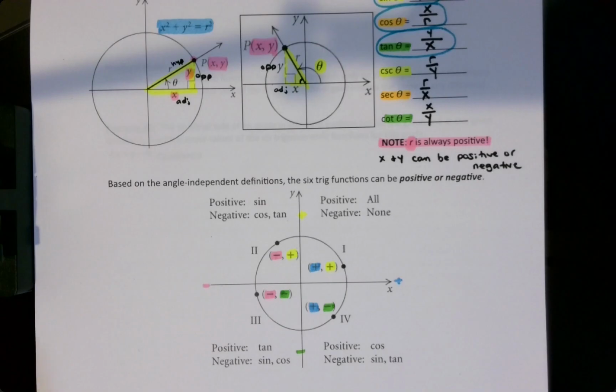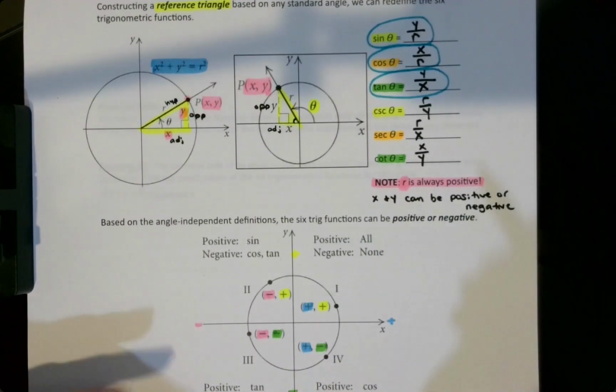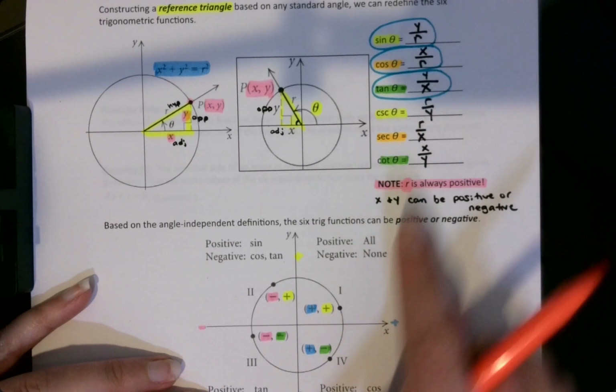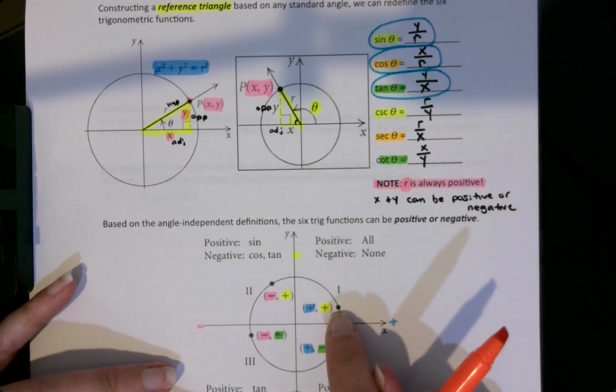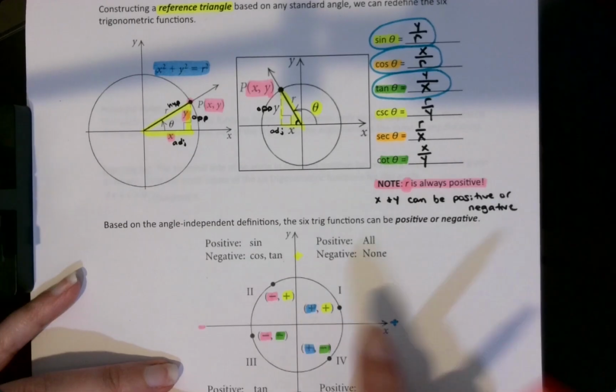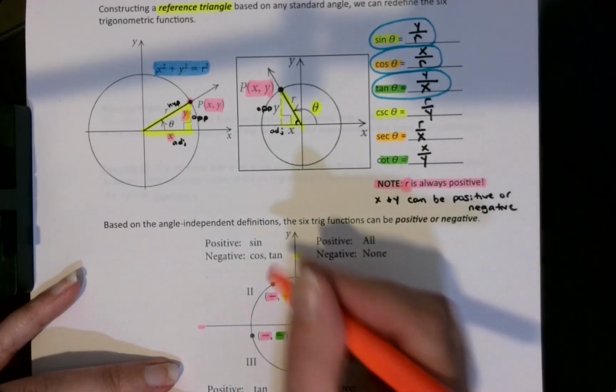Okay, now as a result, if we're thinking about the sign, positive or negative, of the sine, cosine, and tangent functions, just the primary three, because we know that sine deals with y and r, sine is going to be positive where y is positive. So y is positive in both top coordinates.